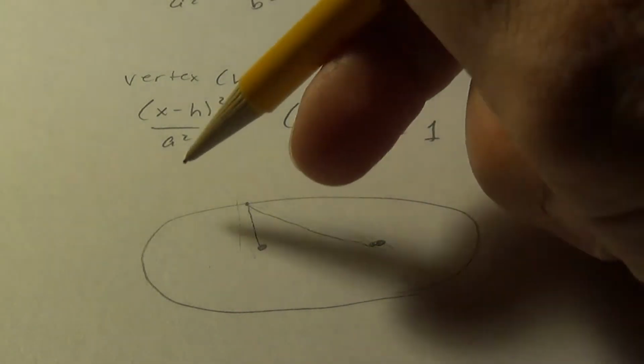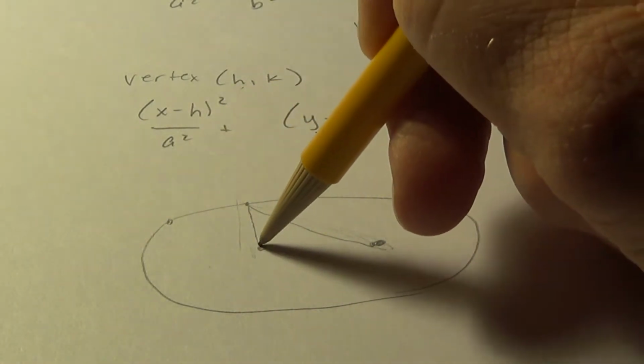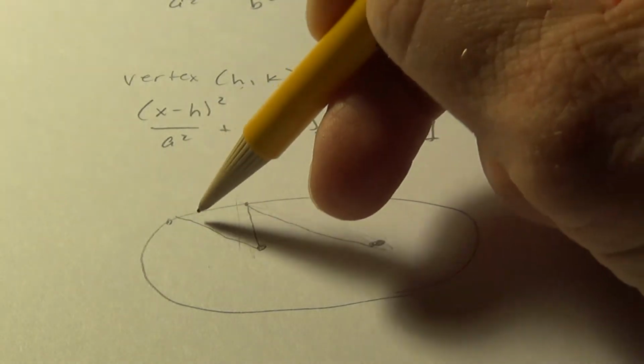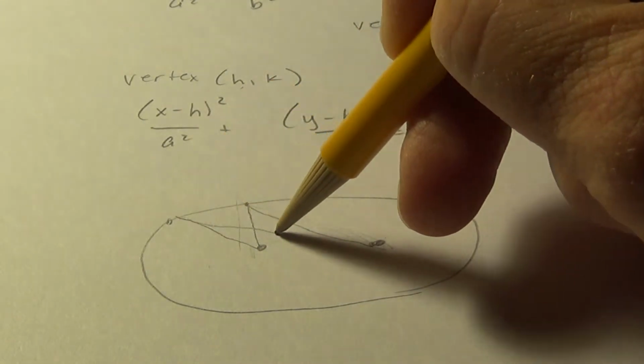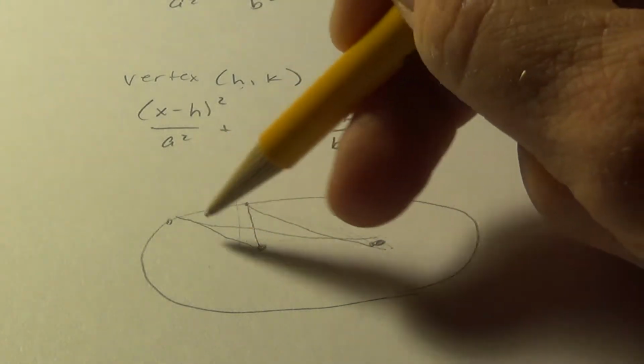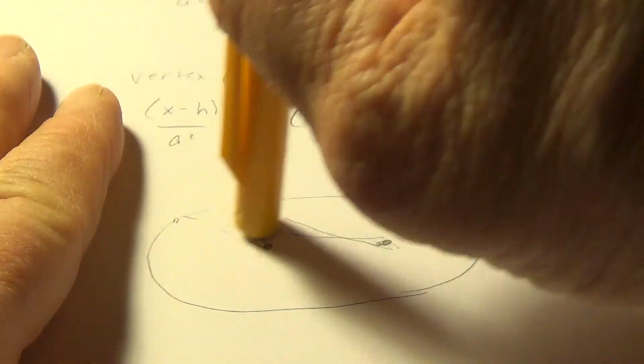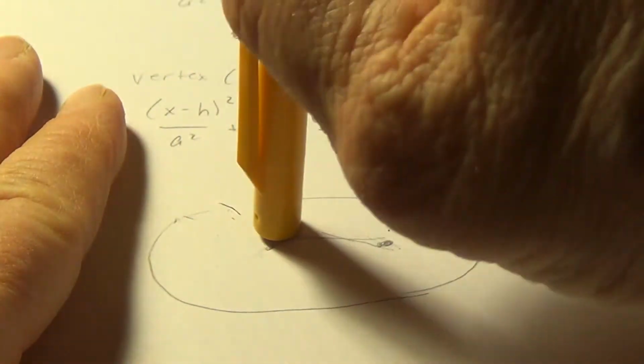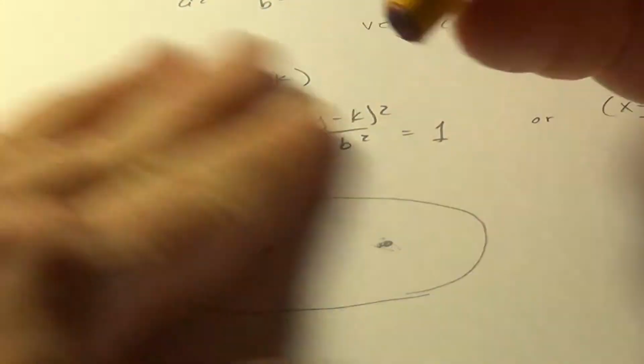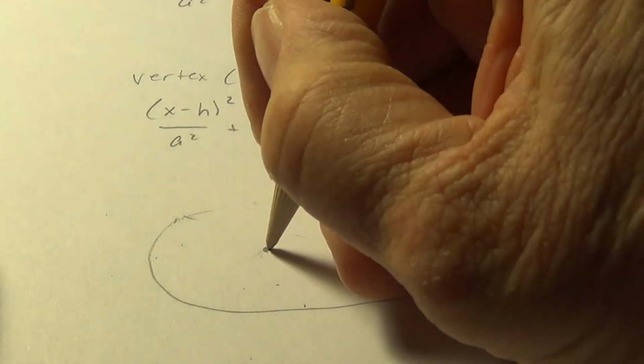So now I'm going to move it over to here. And then this gets longer and this gets shorter, but the sum of the two is going to be the same length. It kind of gets confusing when I don't draw it well.